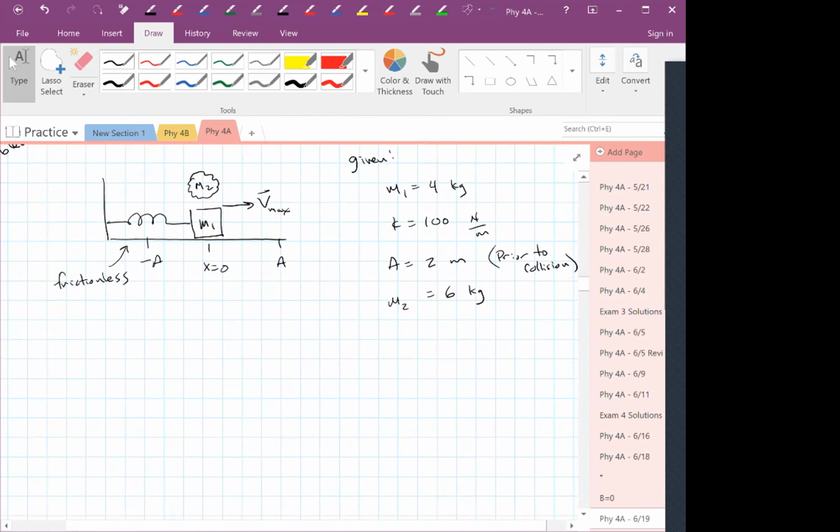So the first thing we want to do is find V max prior to the collision. And then we want to find all the values after the collision.